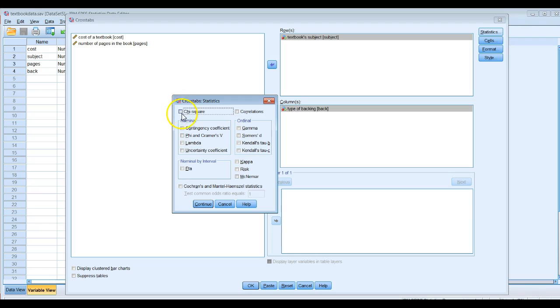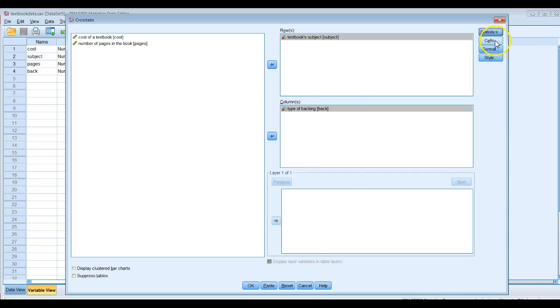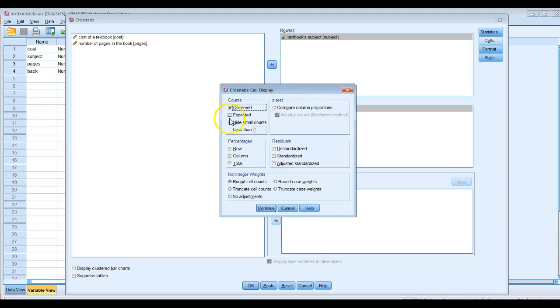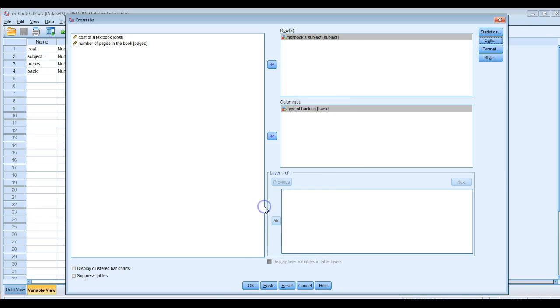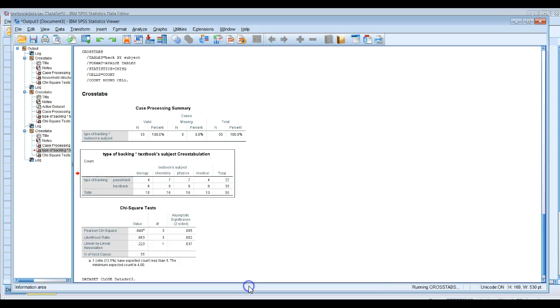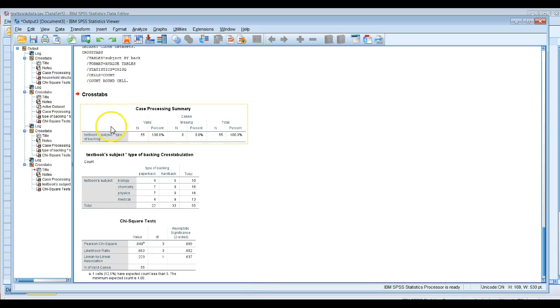Under Statistics, put a check next to chi-square. Click Continue. And then, under cells, if you want to see what the expected cells are, you can do that so you can compare. We won't do that for now, though. So just click OK.